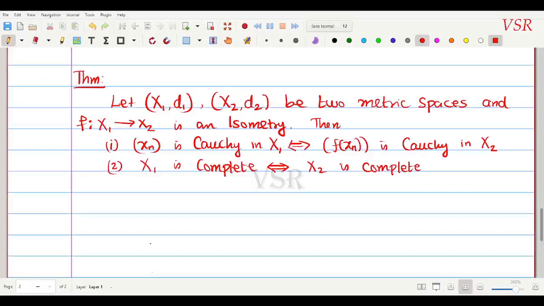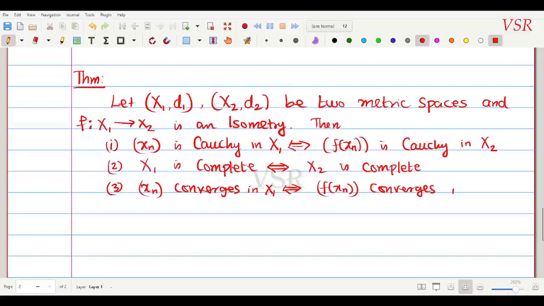அதுல இருந்து இன்னொன்னு என்ன சொல்லிக்கலாம் அப்படின்னா, if xn converges in capital X1 if and only if f of xn converges in capital X2. அப்படின்னா என்னன்னா, X1 ல என்னென்ன ப்ராப்பர்ட்டிலாம் இருந்தது அப்படின்னா அது எல்லாமே X2 க்கு கேரி அவுட் ஆகும்.